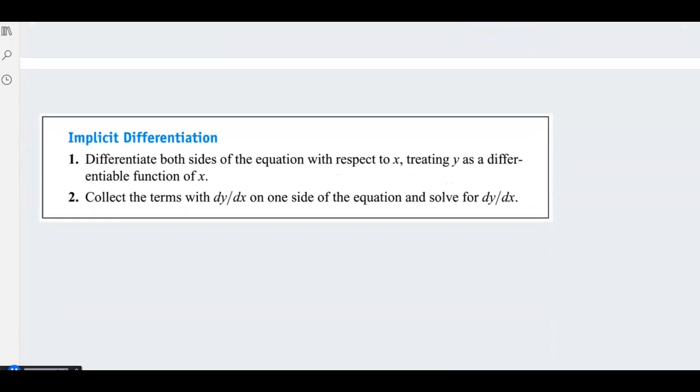So this looks really simplistic, the way that this is spelled out. We're going to take the derivative of both sides of an equation with respect to x being the independent variable, the one that's in charge. And when we do so, every time that we take the derivative of any component that has y in it, we have to tack on a dy/dx, saying we're taking the derivative of y with respect to x.